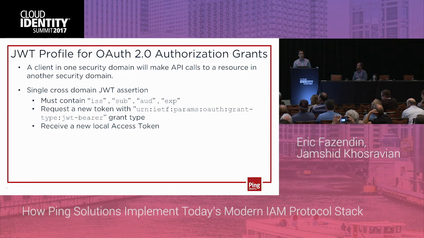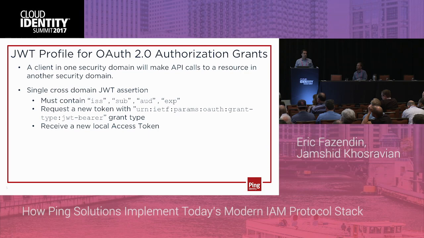This is something that you can use to grant access from the first security domain to the second security domain and make an API call to different API endpoints. This uses a single cross-domain JOT assertion.